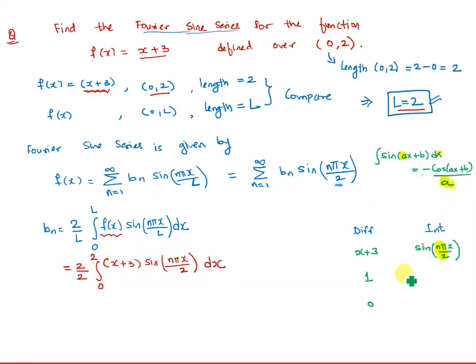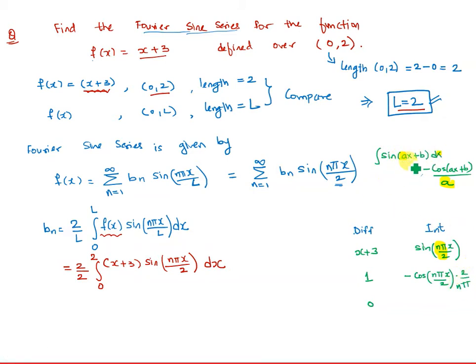So when we integrate it, it becomes minus cosine n pi x over 2, and what will happen? Can I write it directly as 2 over n pi? How do we get it?